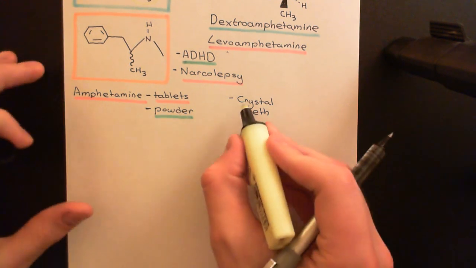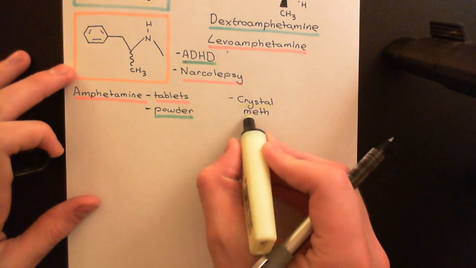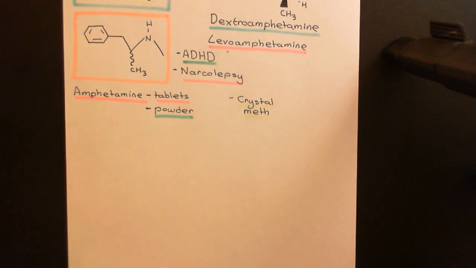Okay, so it's very similar to crack cocaine, which is a solid lump of cocaine which is then smoked and the vapors are inhaled, and that's how cocaine is delivered into the bloodstream. Okay, right, so that's what is meant by crystal meth, a solid crystal of methamphetamine, which is then smoked to deliver methamphetamine into the bloodstream.